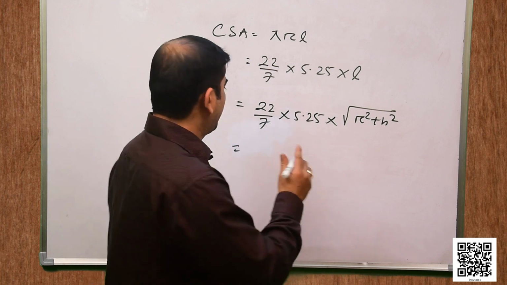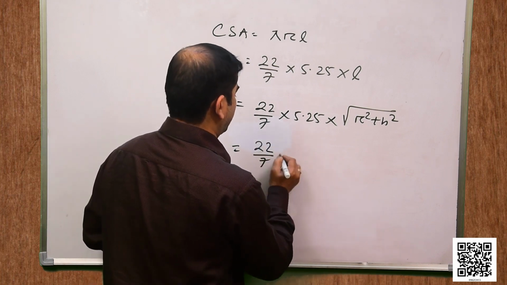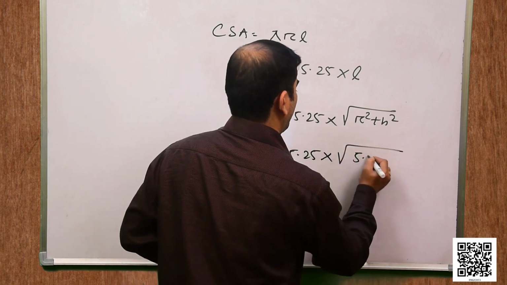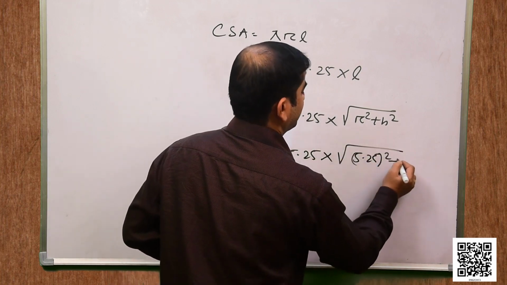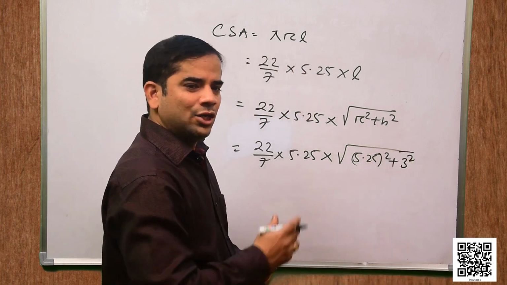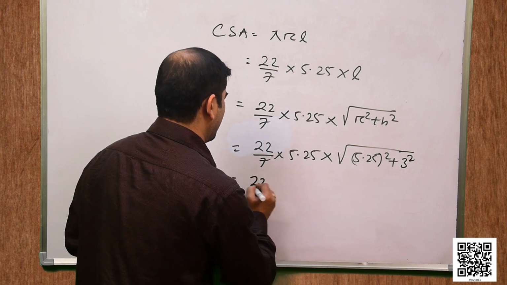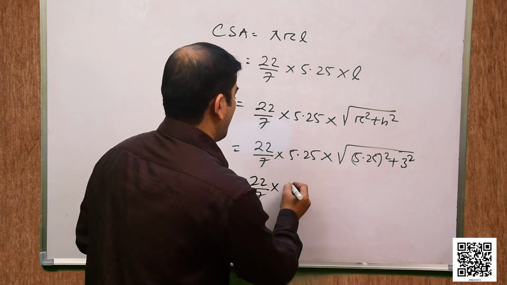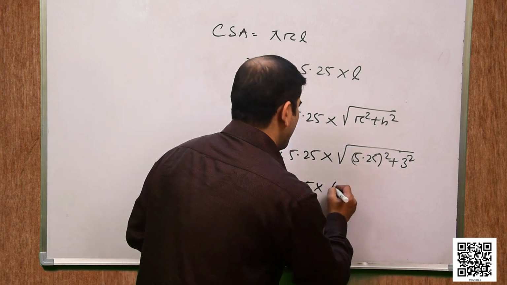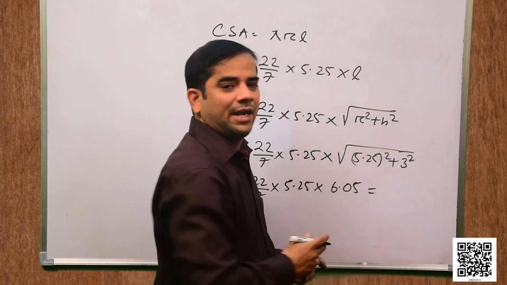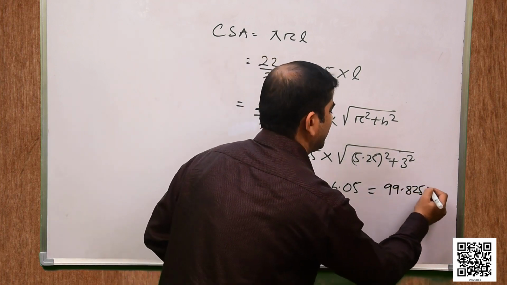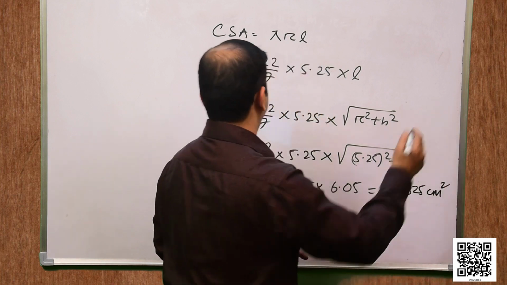Here we can see that 22 by 7 into 5.25 into square root of 5.25 square plus h, that is 3 square. So, it gives us a value that is 22 by 7 into 5.25 into 6.05, that will be equal to 99.825 centimeter square.